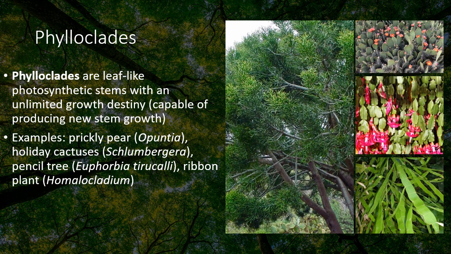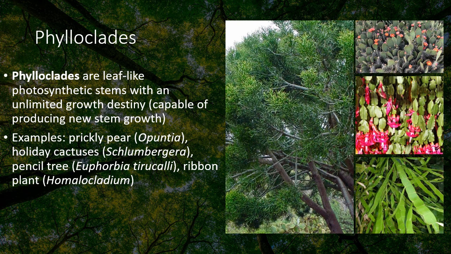In this top right-hand corner, you can see a pad cactus. Each pad is a phylloclade. It is a stem. We can tell it's a stem because it's covered in nodes. And from any of the nodes on each phylloclade, the phylloclade is capable of producing a new phylloclade. So unlike a cladode, which can sometimes only maybe flower and that's it, the phylloclade can continue to produce new phylloclades and it can continue to grow and branch out.